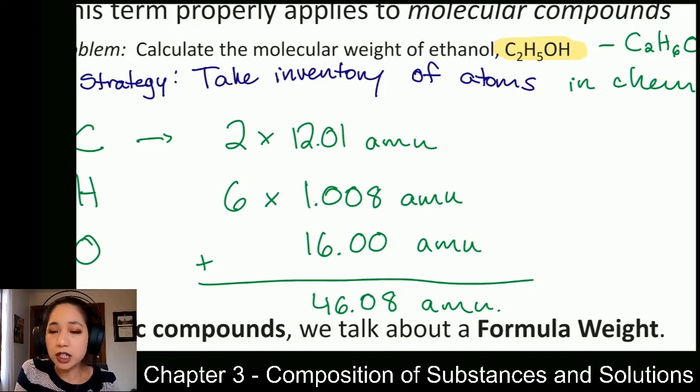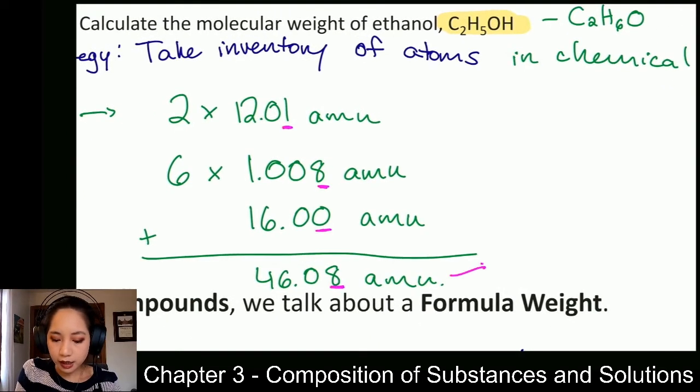And remember, with addition problems, we always look at the leftmost significant place of all of the values. 12.01 ends in the hundredths place, 1.008 ends in the thousandths, and 16.00 ends in the hundredths place. So our answer should be rounded at the hundredths place. That's why our answer here is 46.08 AMU.